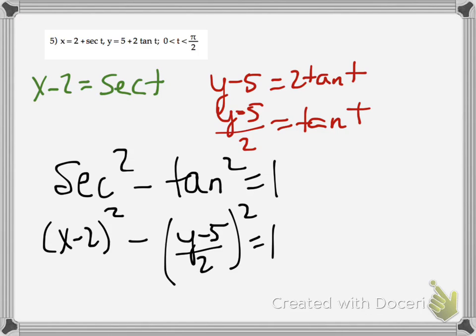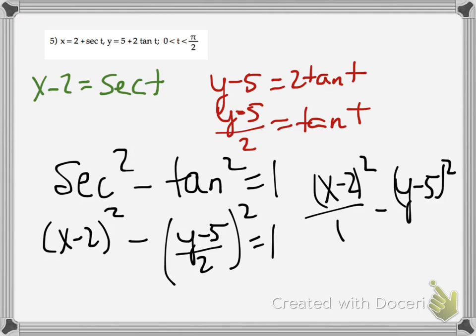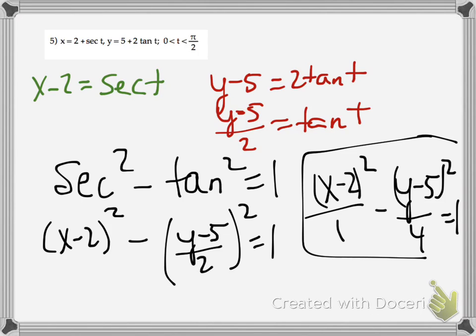So this is really an x minus 2 quantity squared. You can put it over a 1 if you want to, minus a y minus 5 quantity squared over a 4 equals a 1. So that is our equation with the t parameter eliminated.